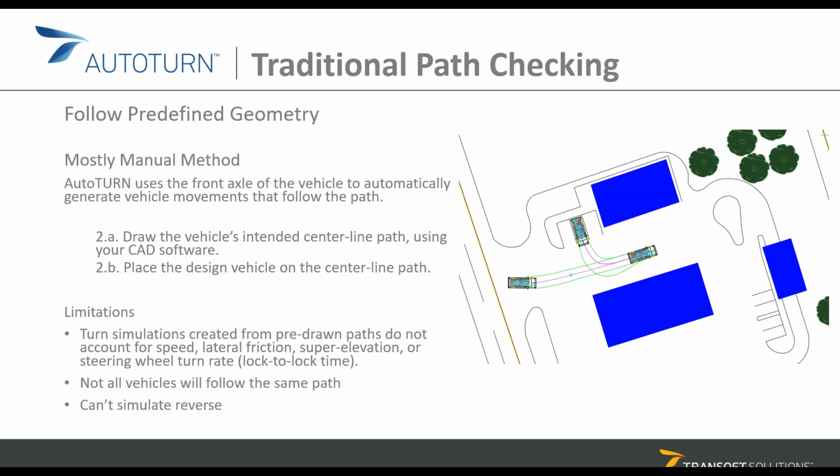All you're doing is simulating the vehicle moving forward. There are ways to generate reverse maneuvers if you're using predefined geometry by switching to SmartPath Tools, and again, we'll see that during our technical demo. But this illustrates the limitations of both of the most traditional methods.